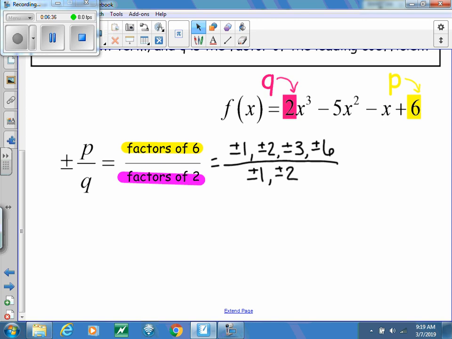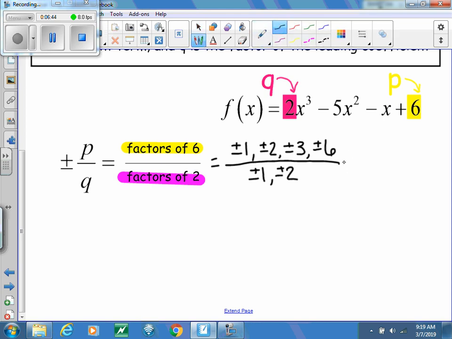All right, so now when I look at this, I have all these different possibilities. Now, if I were to list all of these out, I have 1 over 1, so that gives us 1. And notice I've got the plus or minus because with the 6, I could do -1 times -6 and get positive 6.